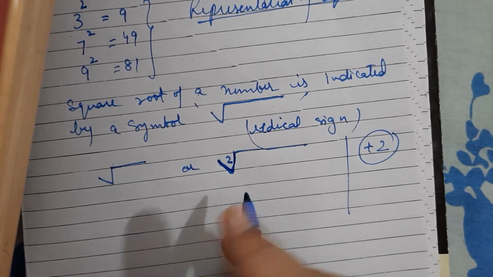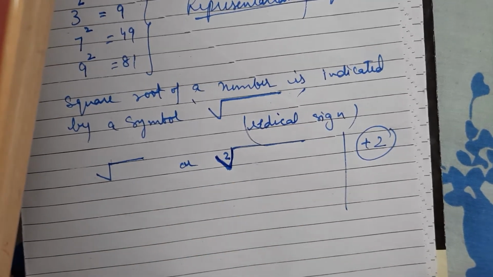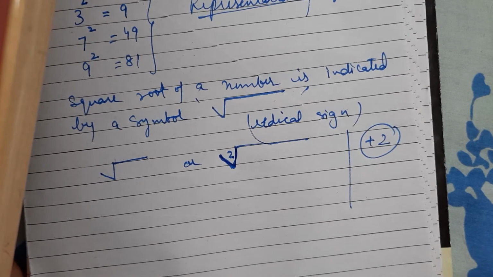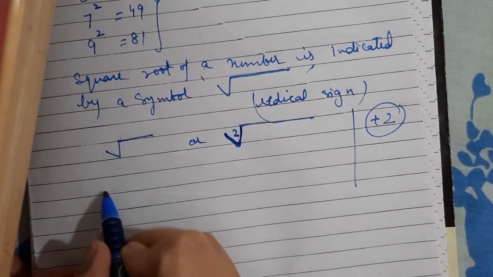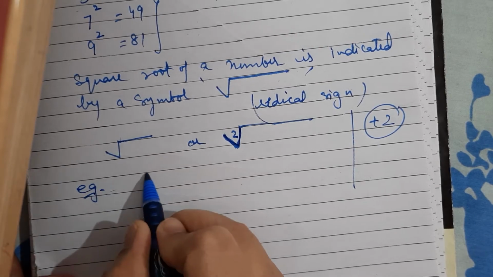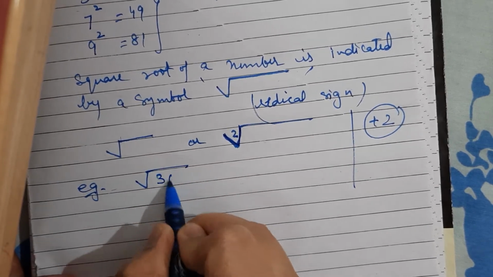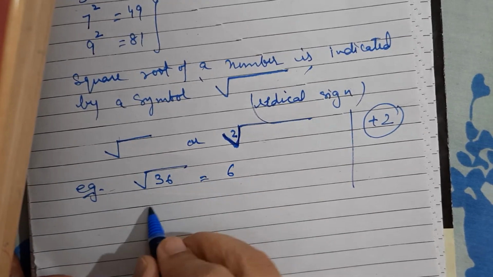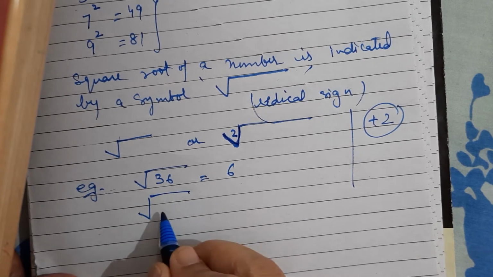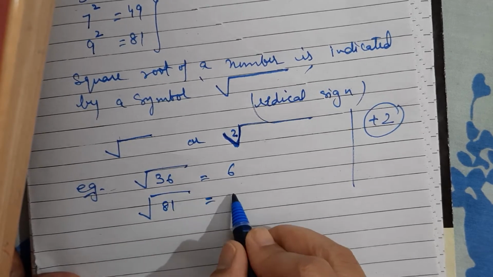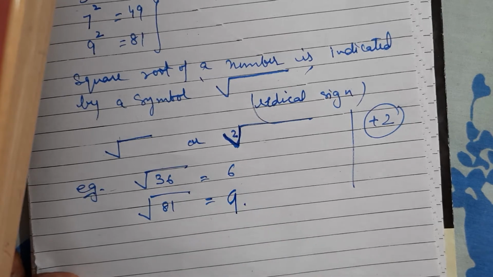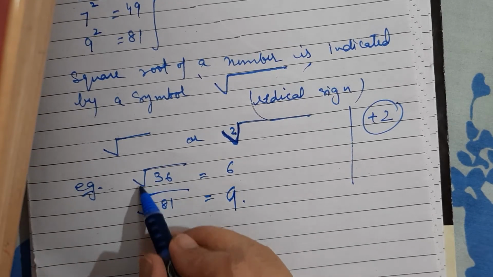It is your wish to write it or you can leave it. For this example also, square root of 36 is equal to 6. We can write square root of 81 is equal to 9, right? So this is the symbol of square root.